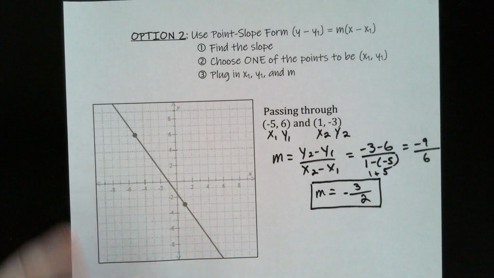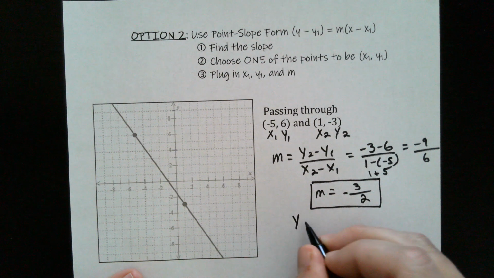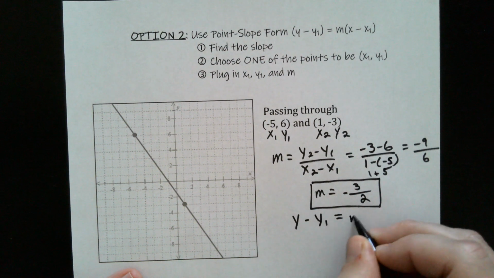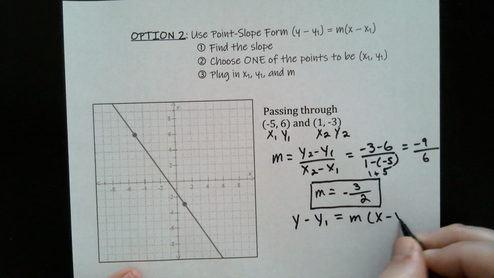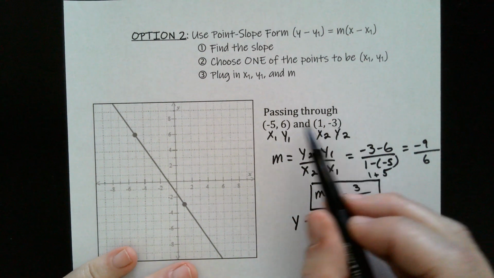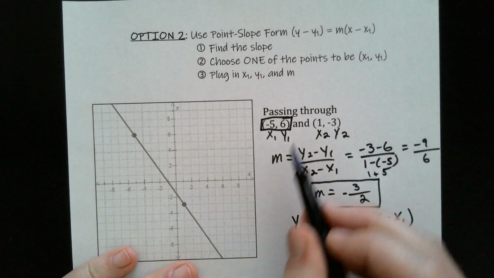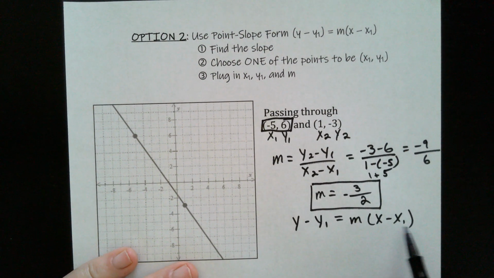Okay, so we found our slope. Now we're going to use y minus y1 equals m times x minus x1. And just like the last one, we just choose one of our points. Choose the one that looks easier. I chose the second one last time. I'm going to choose the first one this time. So this is the one I'm choosing to use in the formula, and I'm going to put it in place of the y1 and the x1 here.